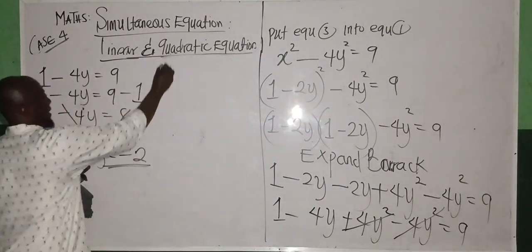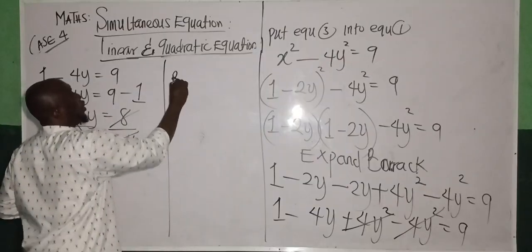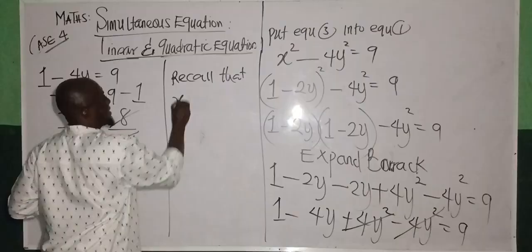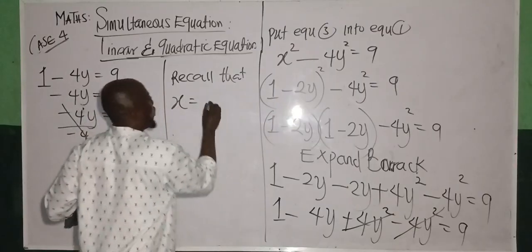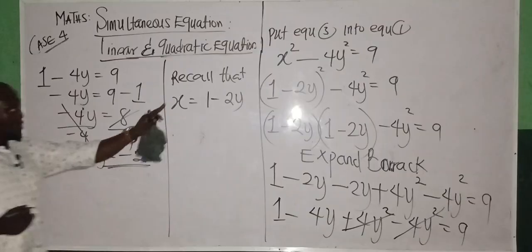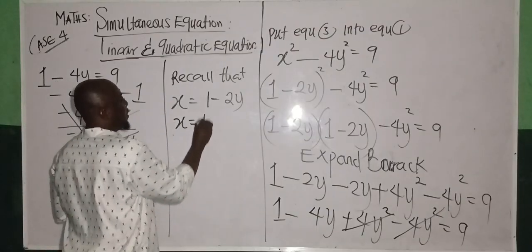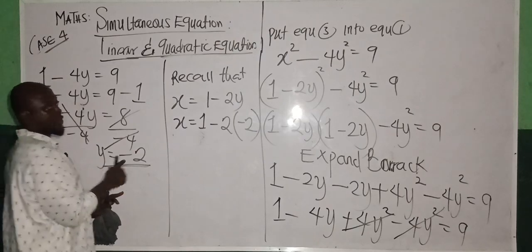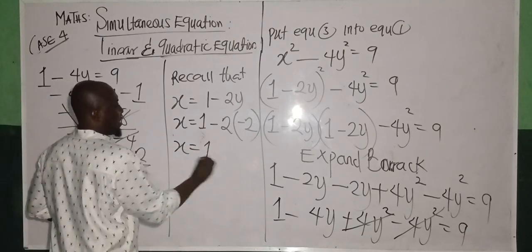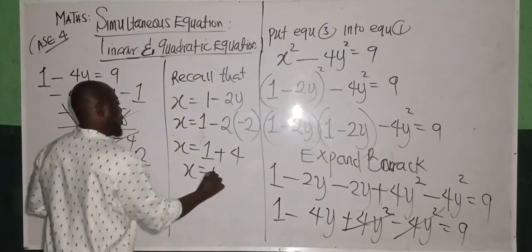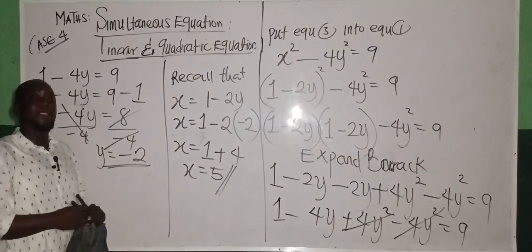Recall that we said let x be 1 minus 2y. So x here now becomes 1 minus 2 into bracket minus 2, because y is minus 2 here. So x here will give us 1 minus, this minus affects this one, minus 2 times minus 2 is plus 4. So x here becomes 5. This is how you solve this question.